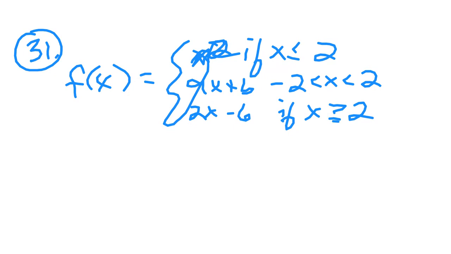All right. So anyway, we want to find the values of a and b, that's a and b here, right? So that find a and b so that the limits exist as you approach negative 2 and 2.